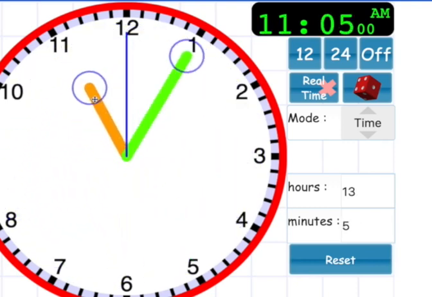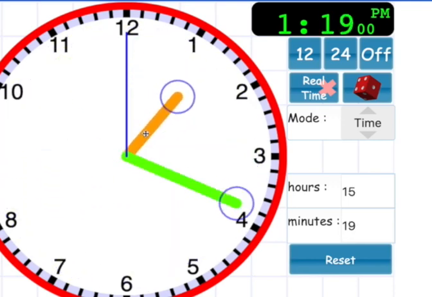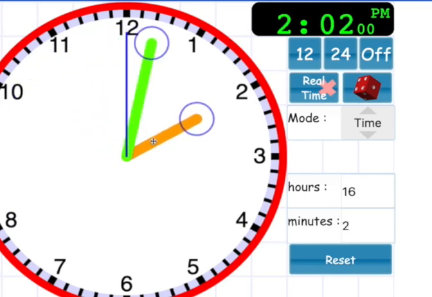So there's the 13th hour, 14, 15, 16. Right there we have 16 hours and 3 minutes. One more minute here. All right.